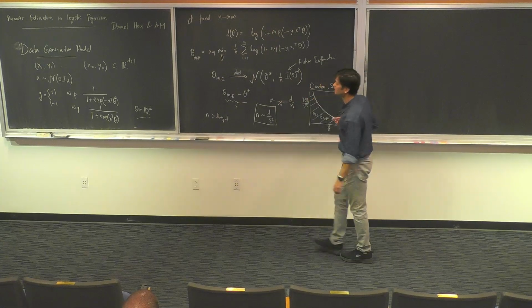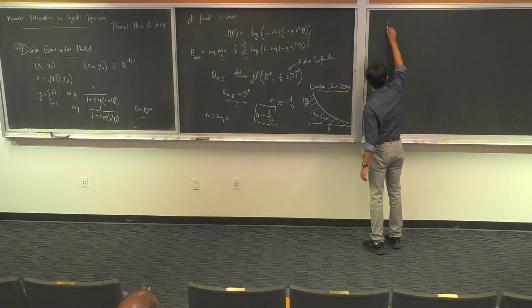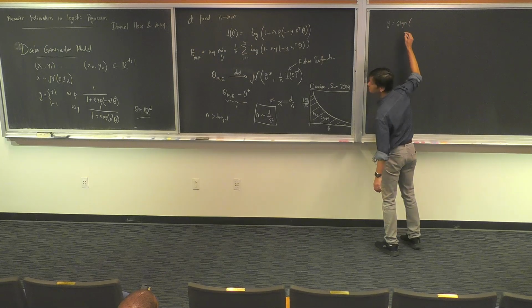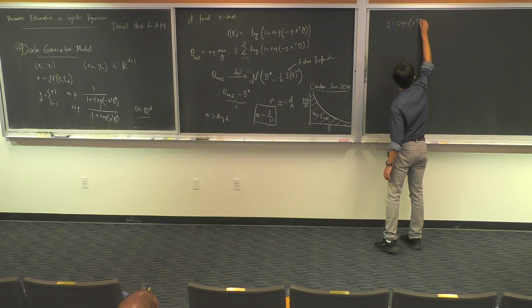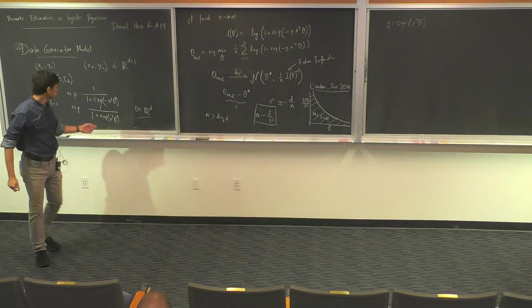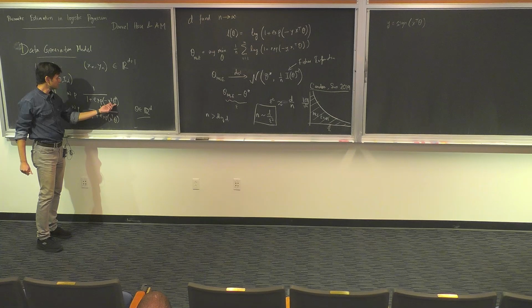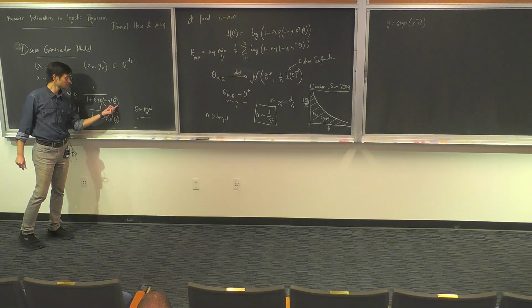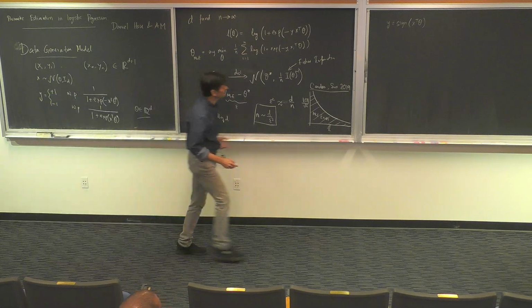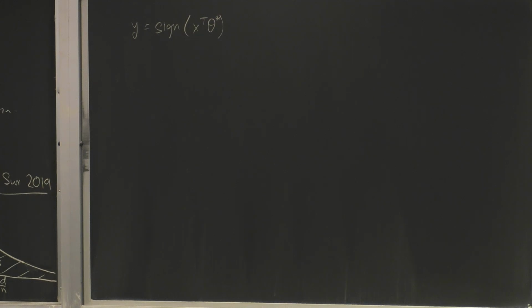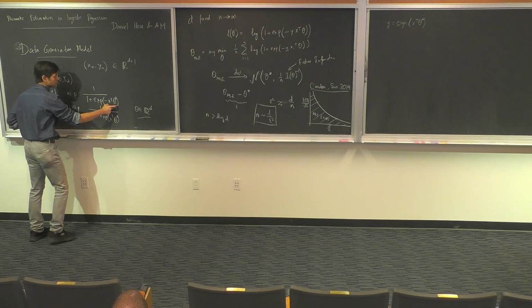Then this y becomes just the sign function. We can see that from here. If the norm of theta is really large, then x transpose theta star is very large.